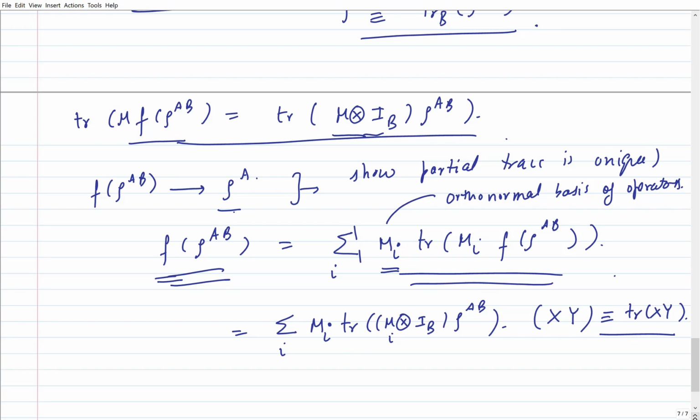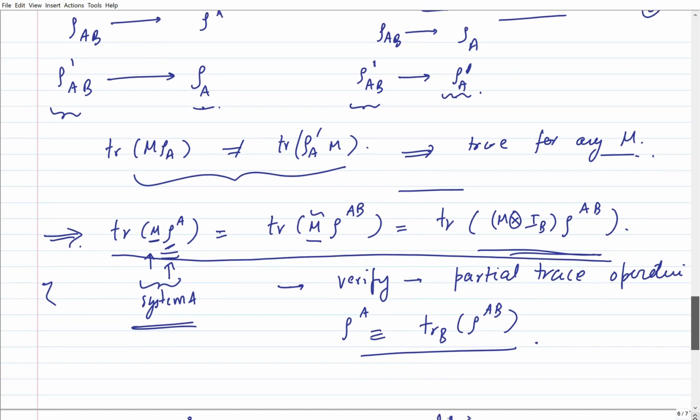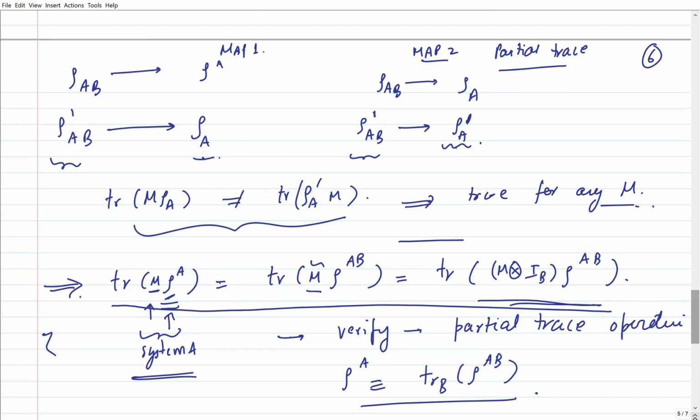So you can easily see, by the same logic we saw, that if there existed another map other than partial trace, it would differ from the partial trace operator on some input, and that's going to screw up my measurement statistics.